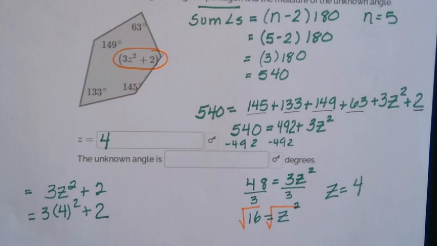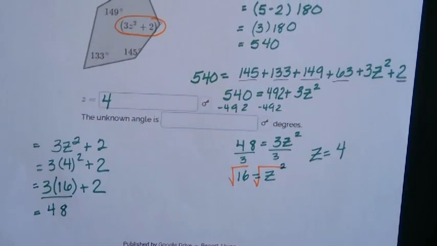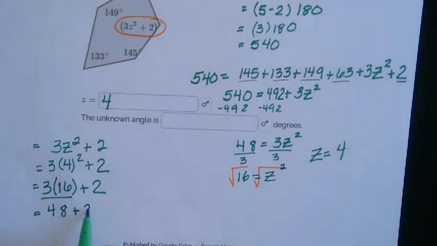Okay, so remember to do order of operations. Some of you aren't doing order of operations. Exponents first. So 4 times 4 is 16. Then multiplication. Then your addition.